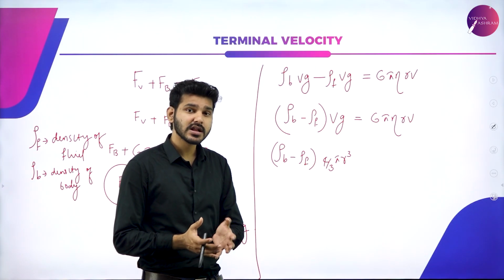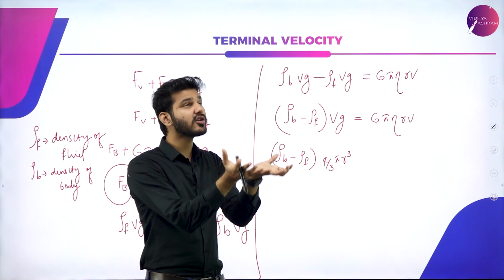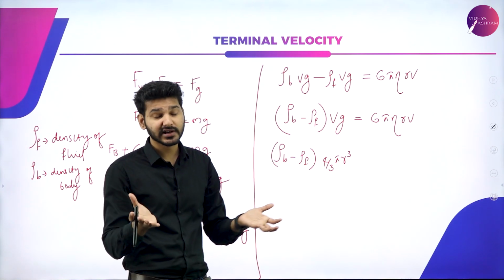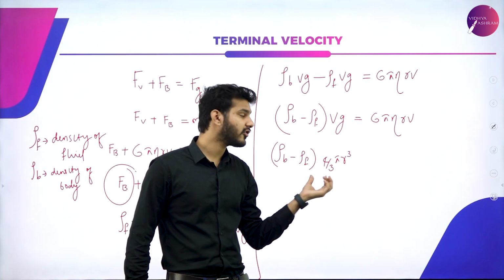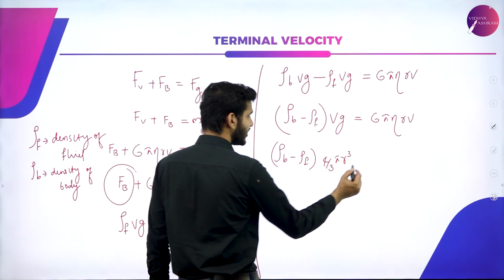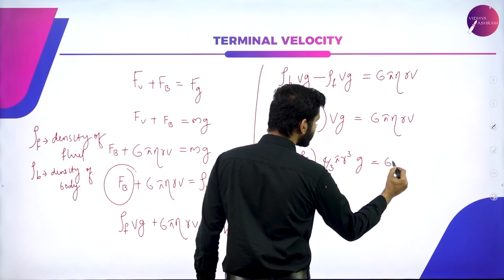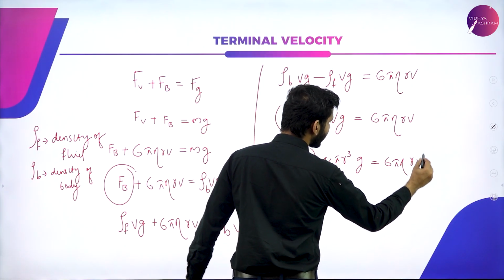We are assuming that the liquid drop that is coming down from the skies is a perfectly spherical drop. So that drop will have a volume of 4 by 3 pi R cube, and there will be a G here, which will be equal to 6 pi eta RV.